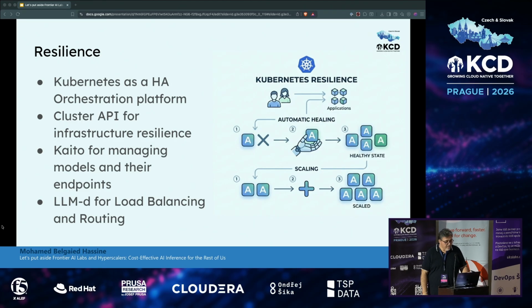Let me go through these slides relatively fast. Resilience can be handled by Kubernetes itself as an orchestration platform, but also by Cluster API at the infrastructure level, Kaito and LLM-d for the higher levels, like Kaito for the model management and LLM-d for the routing.